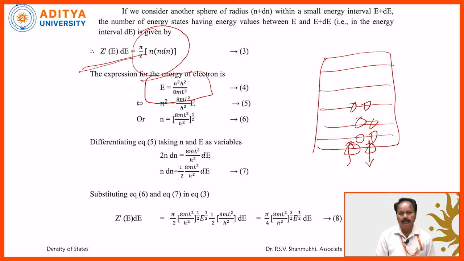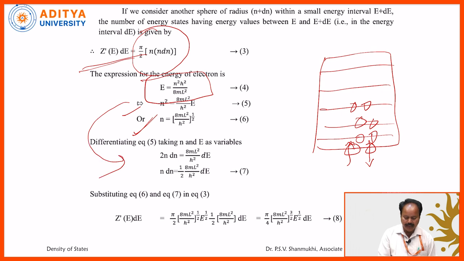Now, rearranging the terms, we can write n square is equal to 8 m L square by h square into E. From that we can get the n expression. n is equal to the square root of that, that is, 8 m L square by h square whole power 1 by 2, into E power half.